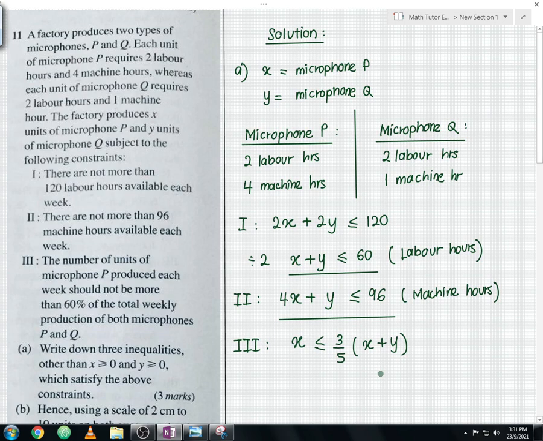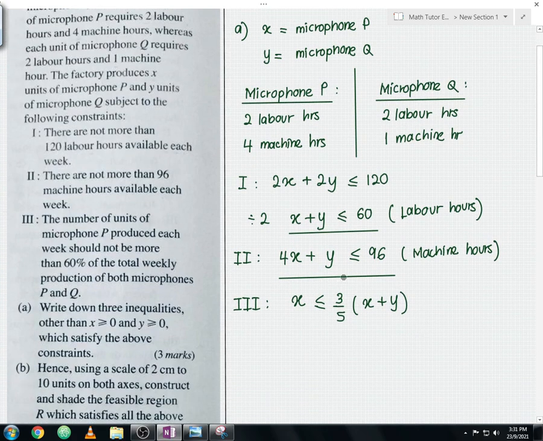I know it's a bit confusing, but if you do it step by step, I'm sure you can get the constraint. Expanding the 3 over 5, you get x less than equal to 3 over 5 x plus 3 over 5 y.